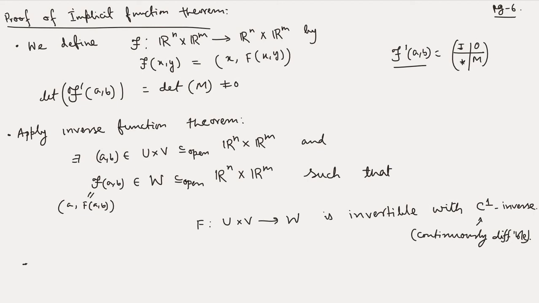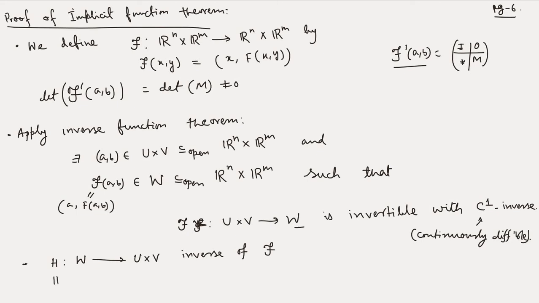Now suppose H is the inverse from W to U cross V, so this is basically the inverse of script f. So suppose this capital H is the inverse of the function.